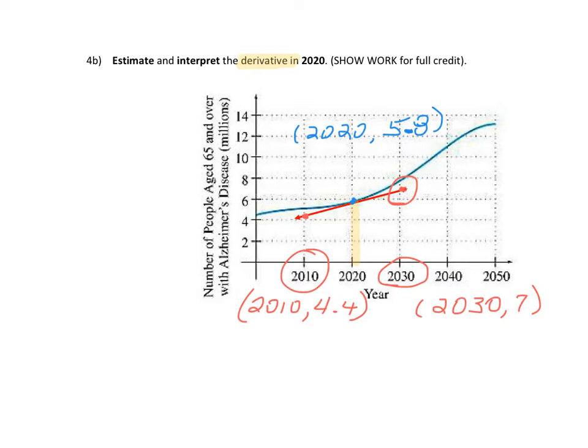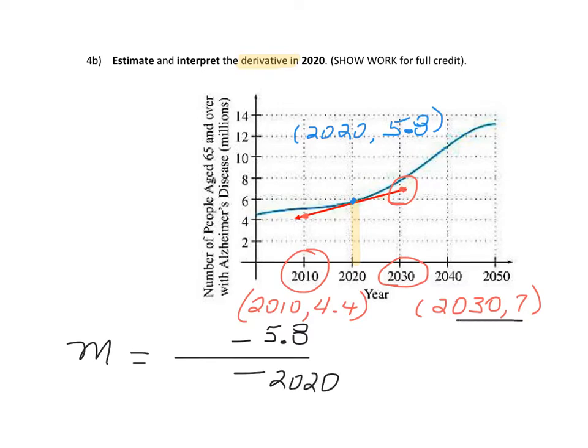And we know that the slope, which is m, is the difference in the y values divided by the difference in the x values. And so using the point of tangency as one of those two, the y value there is 5.8. And the year, of course, was 2020. And then I'm going to choose to use this point.